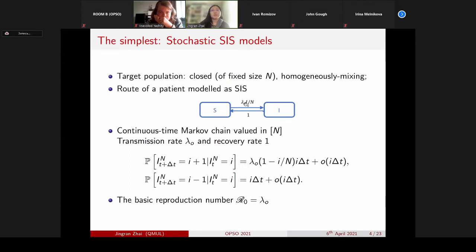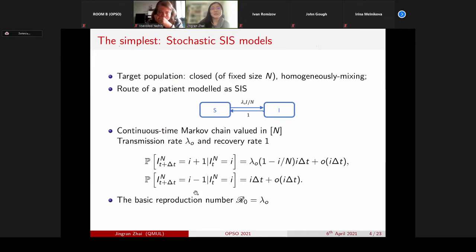So the stochastic version of the SIS model can be written as a one-dimensional continuous time Markov chain valued in integers between 0 and big N. So here is the transition rate of the stochastic SIS model.